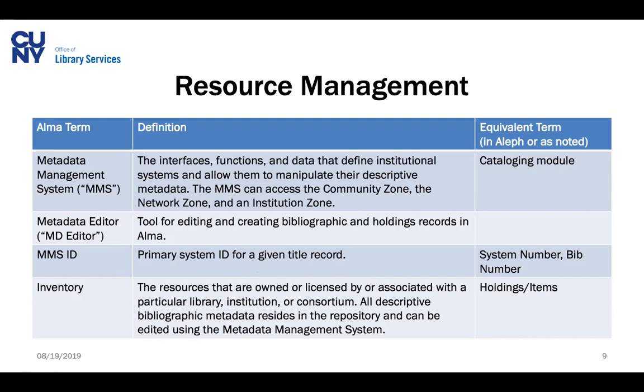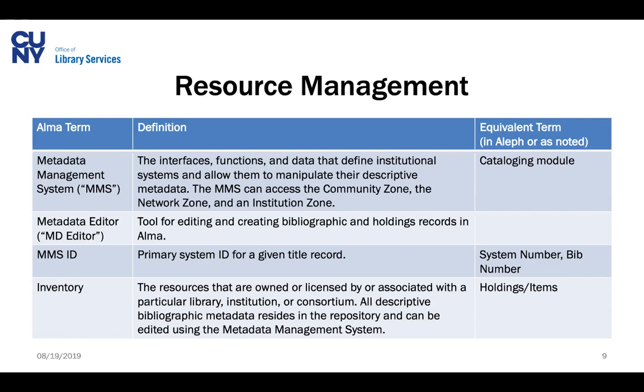So I'm going over the terms now. There's the metadata management system, or we call it MMS. It's commonly an acronym that was being referred to by many people. It is the interfaces and functions that library staff can use to view, add, and edit relevant bibliographic and holdings item data.